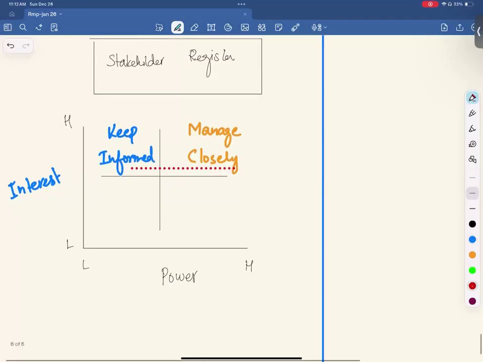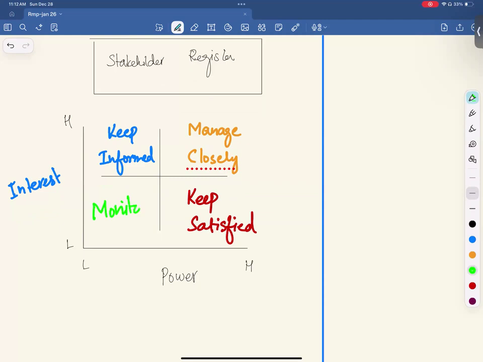Stakeholders with high power and low interest, we keep them satisfied. And the rest, we just monitor them. So here we categorize stakeholders in 4 categories. This is really important for your exam. You will expect one question from this where you need to categorize differently.